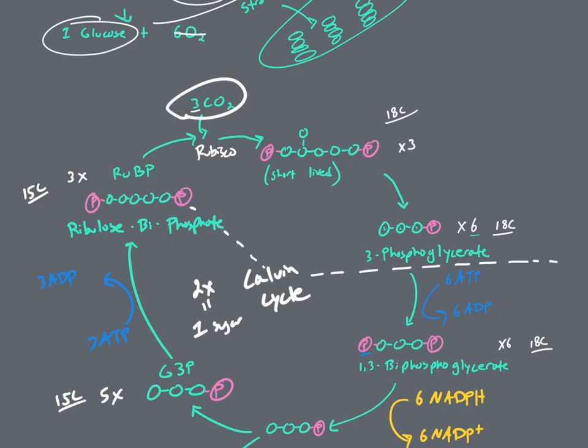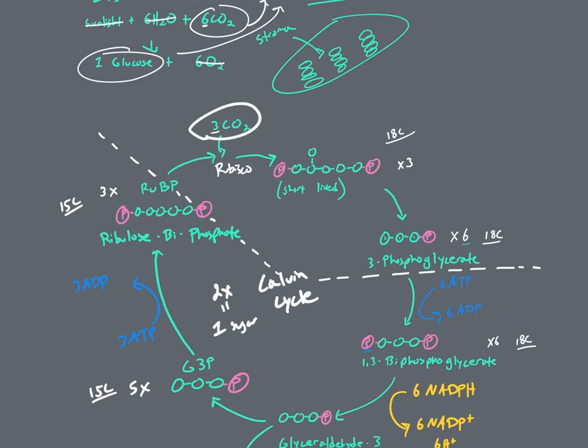RuBP is kind of involved in 2 phases, so I'm going to split it in the middle. This first phase, phase number 1, is called carbon fixation. And it's called carbon fixation because carbon is being attached to the RuBP by the enzyme Rubisco.